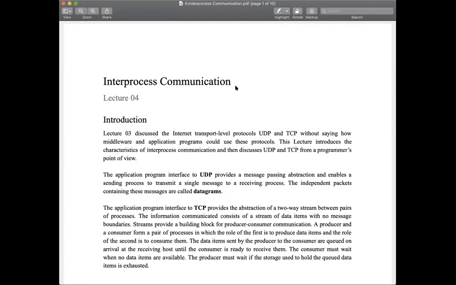Are you familiar with UDP and TCP? Yes or no? Raise your hand if you know UDP and TCP. In your Zoom, there's an option called raise hand. Hello, can you hear me?